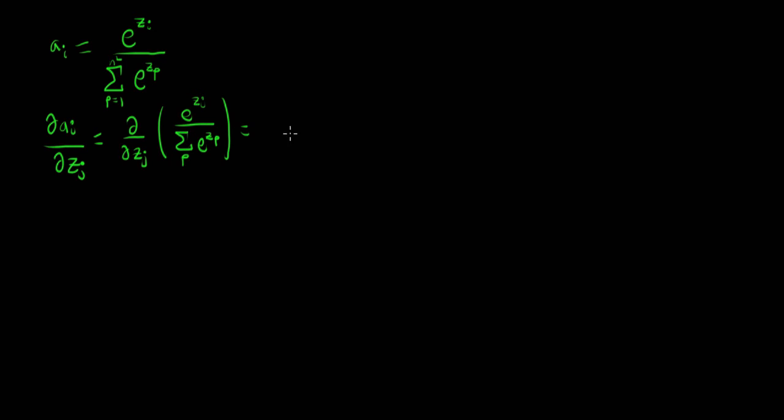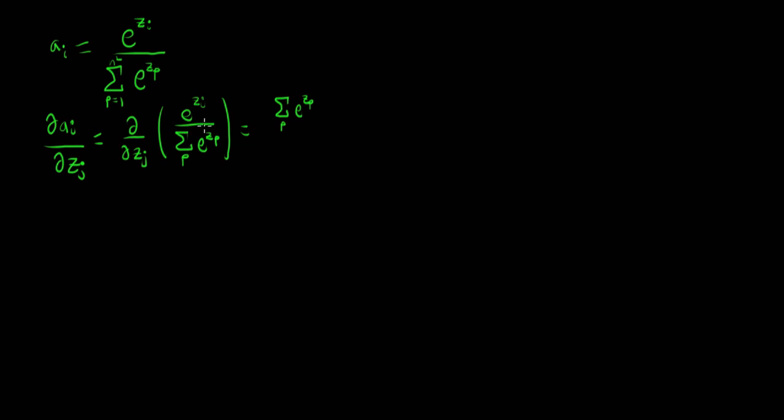Okay, and so how do we do this? Well, we use the quotient rule. So that means we take the bottom function times the derivative of the top.